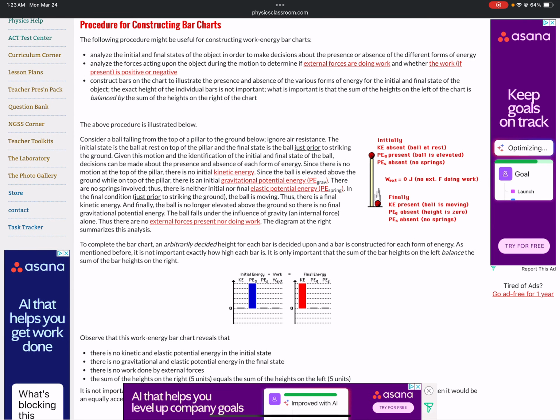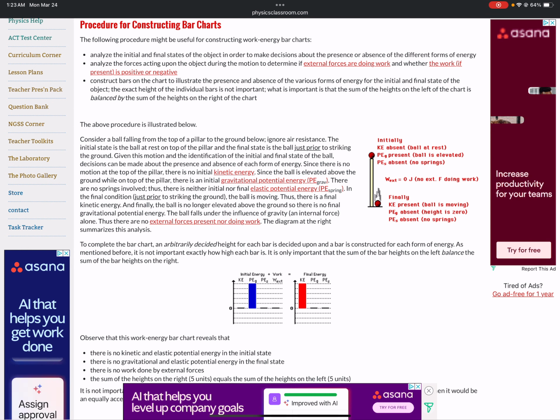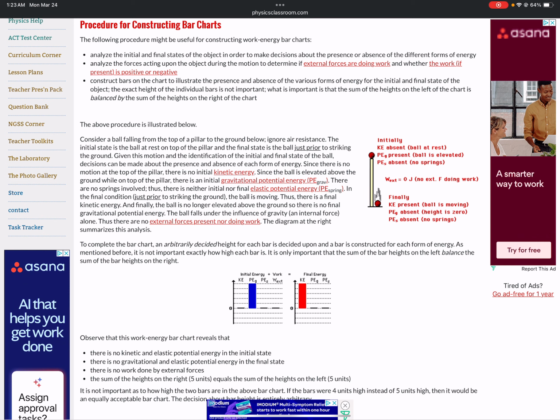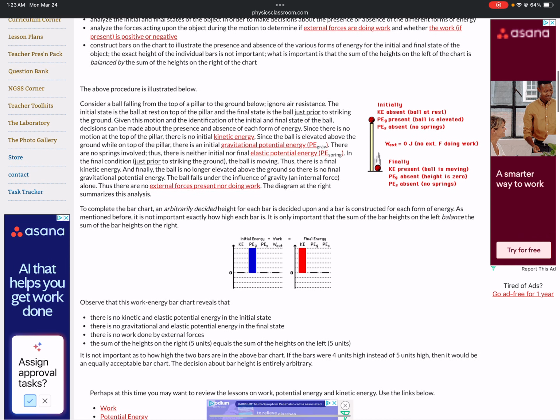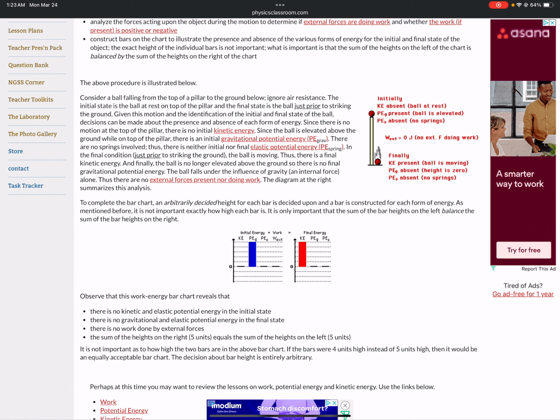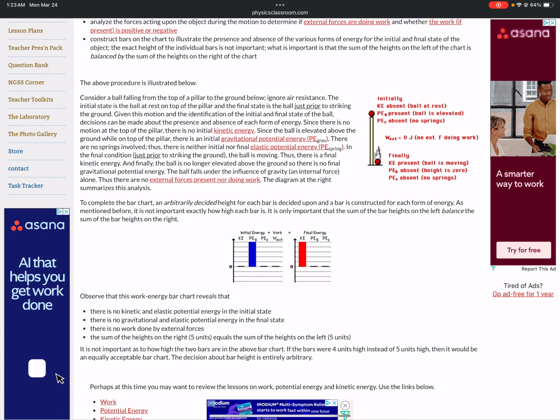In the lesson on Physics Classroom, they go over the first example where you have a ball that's above the ground at rest, and then it falls down, right? So here we can see the charts that they show that at the initial state, all of its energy is stored as gravitational potential energy. And the final energy is going to be stored as kinetic energy.